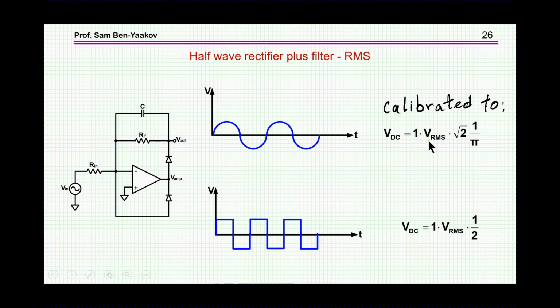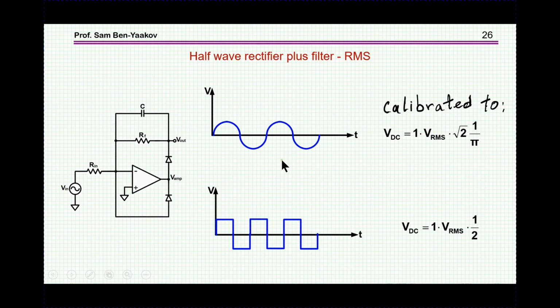And the calibration is that the DC you are getting is the RMS times square root of 2 over pi because of the half-wave rectification, and the RMS is 1 over square root of 2 of the peak.